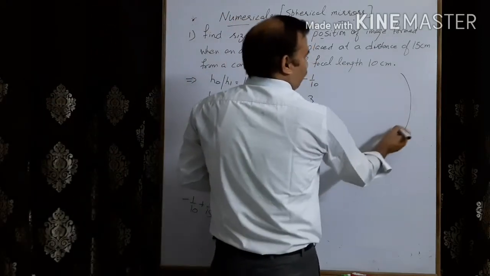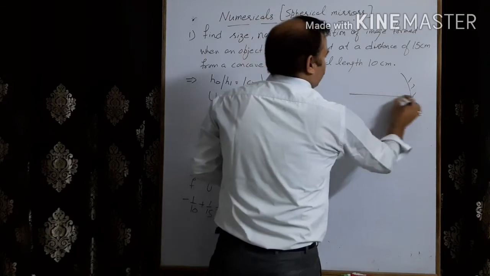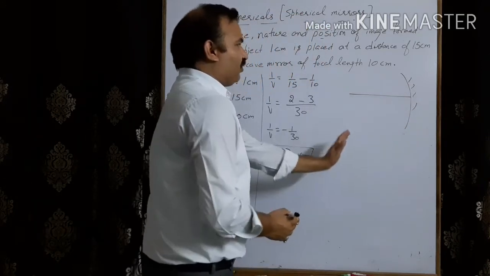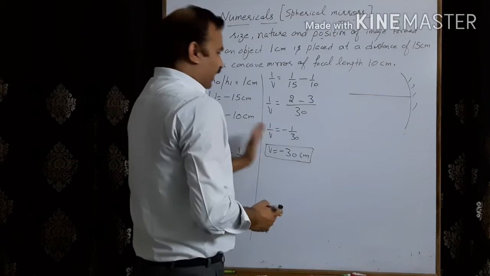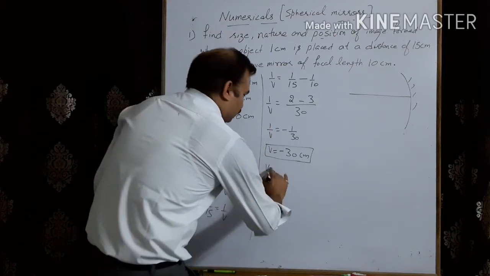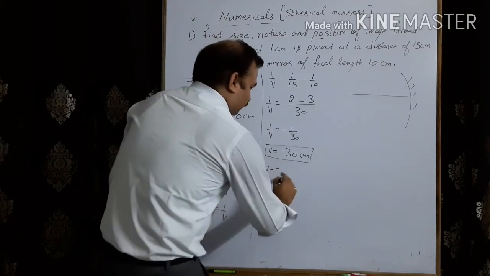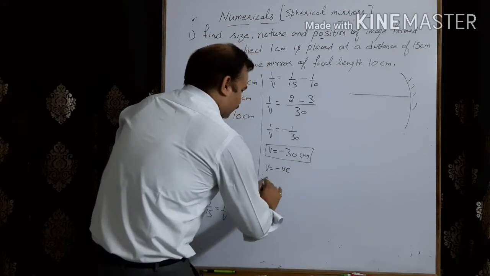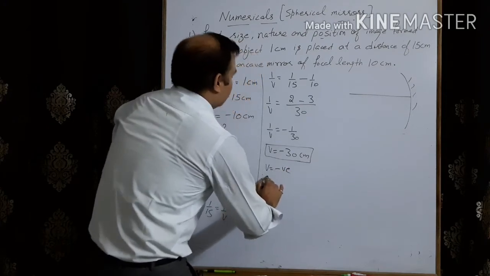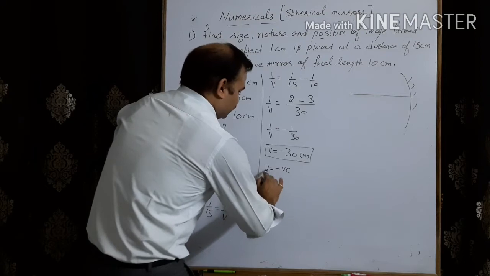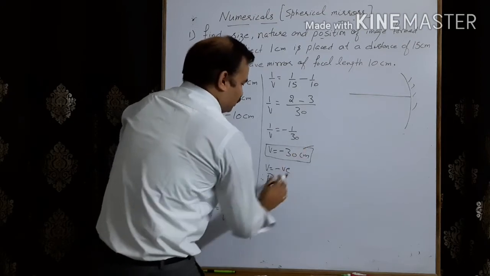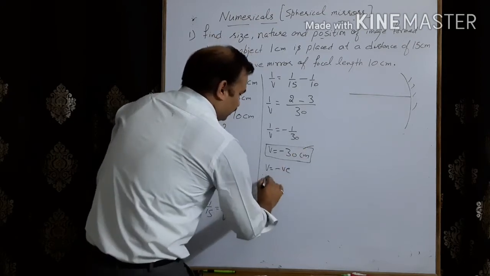Now v is equal to minus 30, and it is a concave mirror. Now v is minus, it means the image will form on the left side. As v is negative, therefore what is the nature? This is the position, fine, and what is the nature?